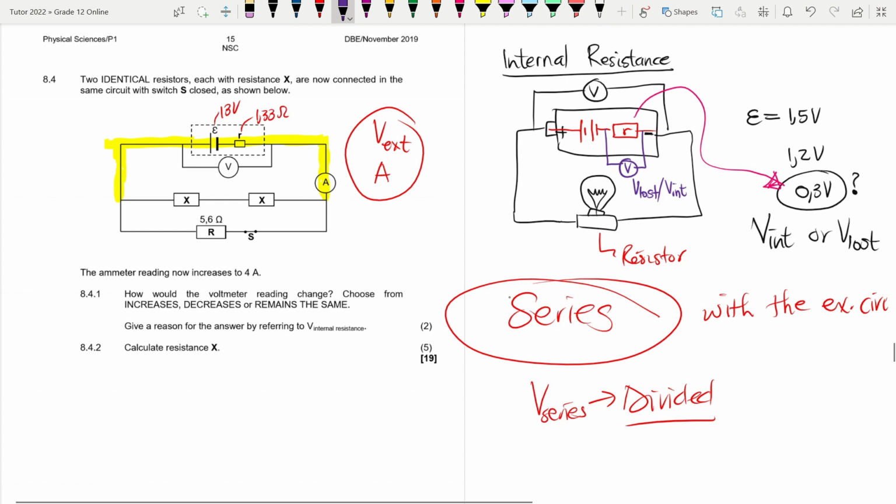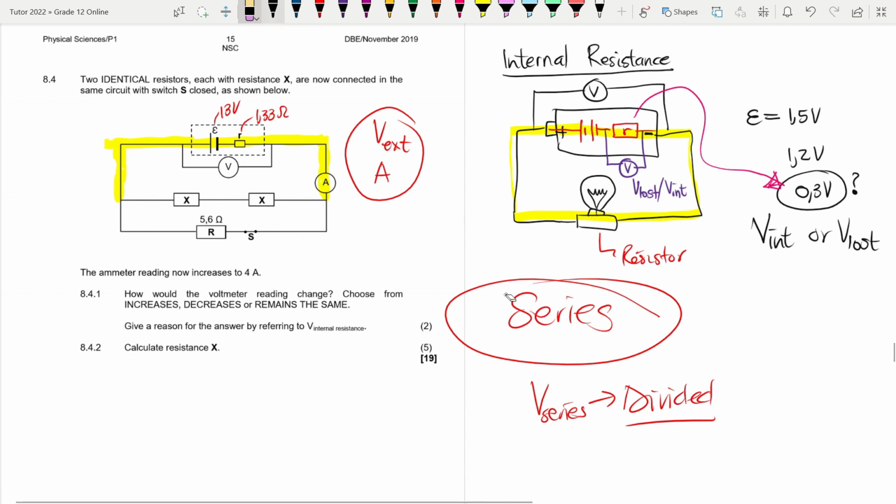So what's important to know is that the internal resistance still receives the total current because it is connected in series with the whole circuit. So it still gets the total current. And we can calculate the internal resistance using the current in the circuit and the lost volt.